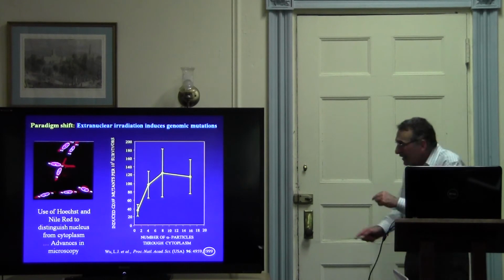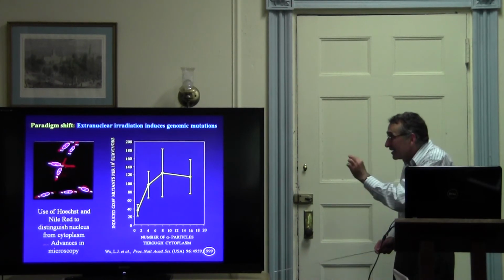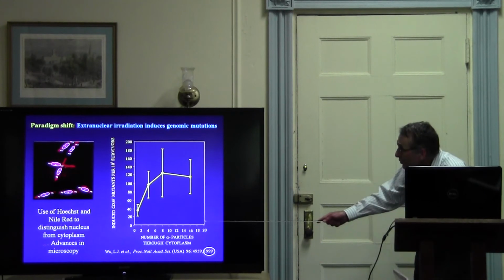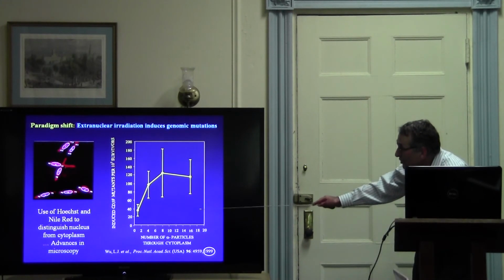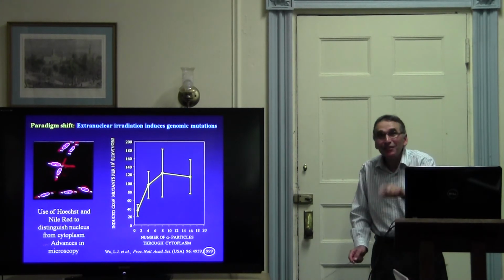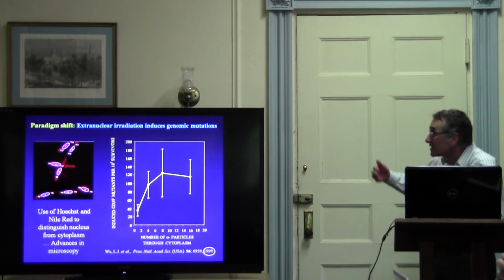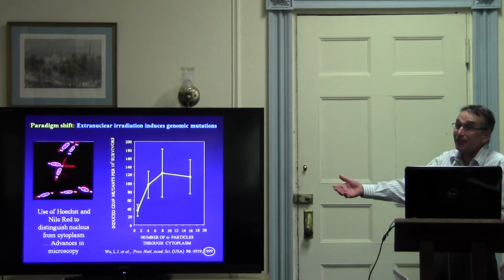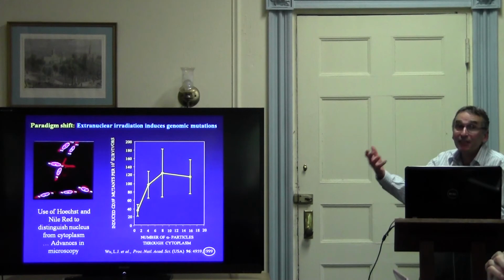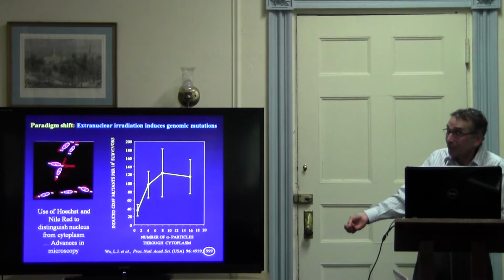And again, this is a landmark study because with those cytoplasmic irradiations, the cells did not die, but yet they underwent genomic DNA mutations. So follow-up studies on this are very critical. We can make a huge contribution using the microbeam technology.